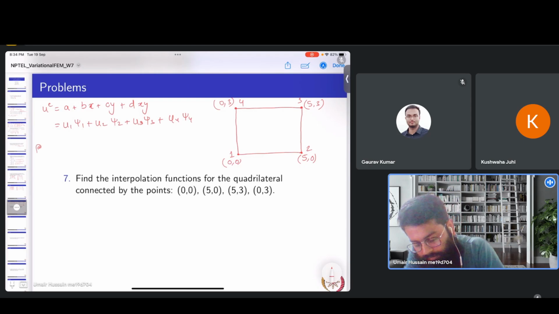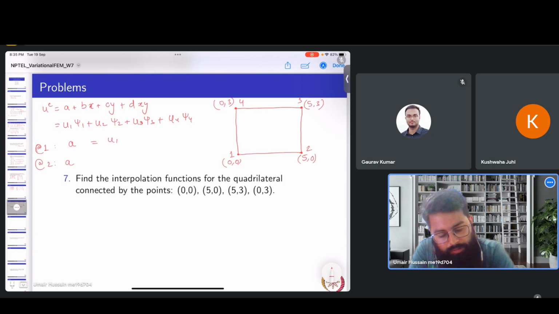So now at node 1 we have u1 equals, right, with that first. We have both x and y 0, so we'll have only a, and on the right side we have u1. At node 2 we have a plus, x equals 5, so 5b, and then y is 0, so the next two terms would be 0. Right side we'll have u2.